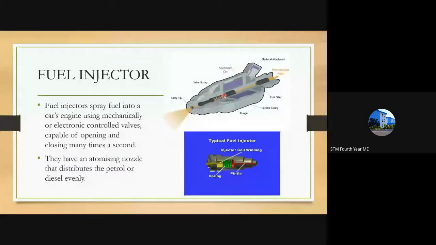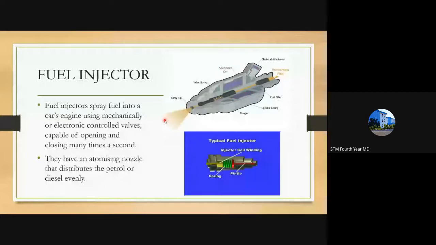That is what is happening here. Once that moves upwards, the fuel is free to move through this part. The pressurized fuel is free to move through this part, and it will be sprayed from the spray tip. This is how the electromagnetic fuel injector works.